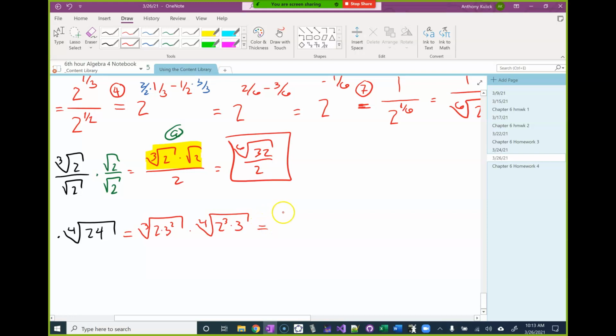Now I'm going to use my definition to convert these into exponential form. So I'm really kind of thinking about the problem this way, where I have the cube root of the first power of 2 times 3 squared. So it's going to look like that.